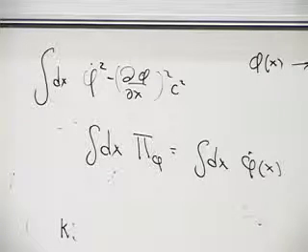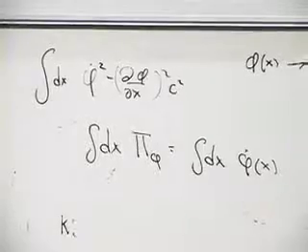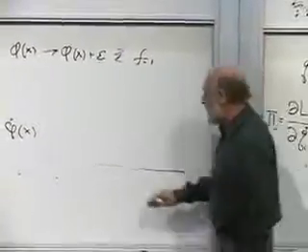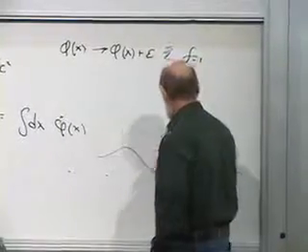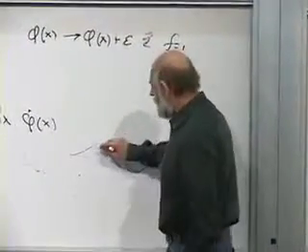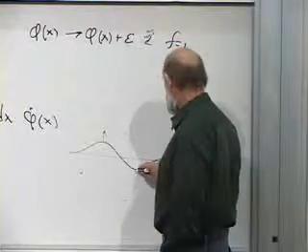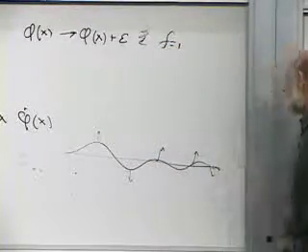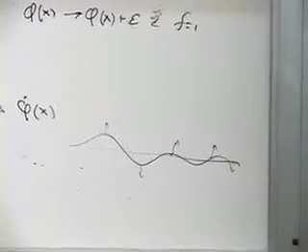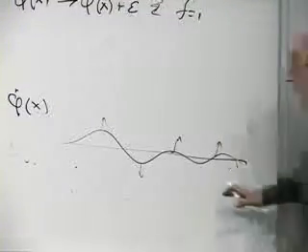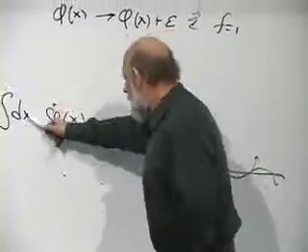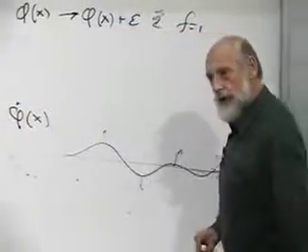For example, let's think of it as a string, and we start the string at time t equals 0 with some arbitrary shape and some arbitrary velocity, moving in some way, so that at every point on the axis there is a phi dot. Then the integral of phi dot won't change with time.